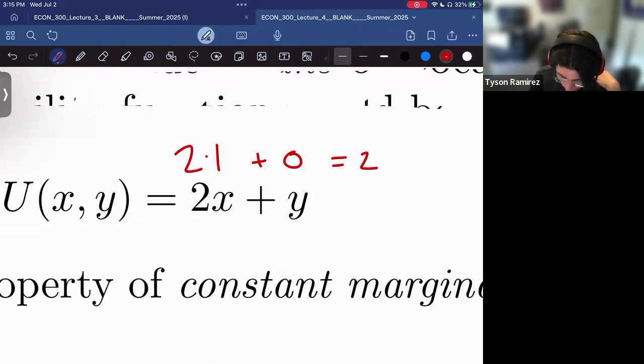On the other hand, if I only had 1 unit of Pepsi and 0 of Coke, then my utility would be 1 in this case with this utility function. What this is telling me is that I get more utility out of Coca-Cola, all right? Because 1 unit of Coke gives me 2 utils. Wow, 1 unit of Pepsi only gives me 1.